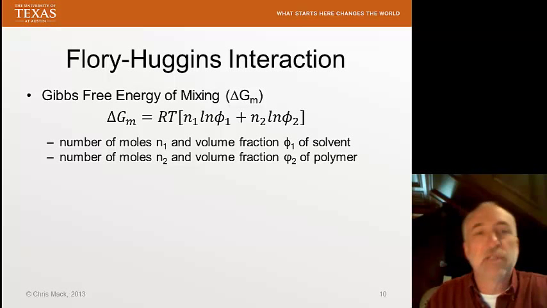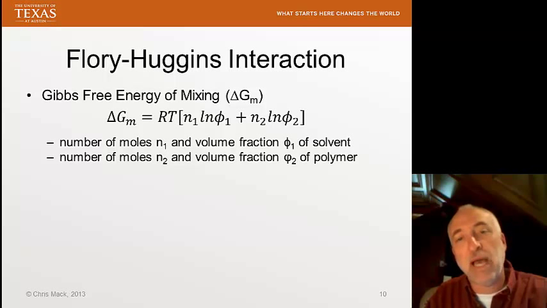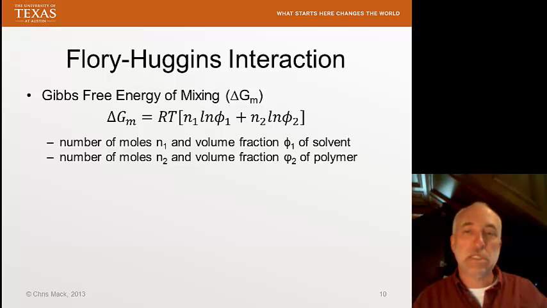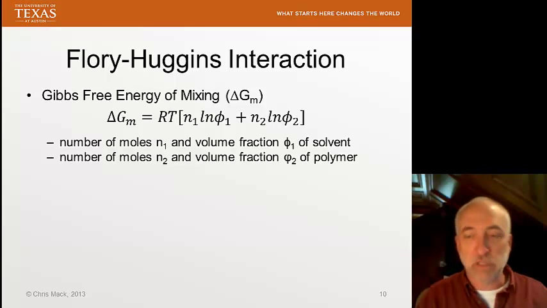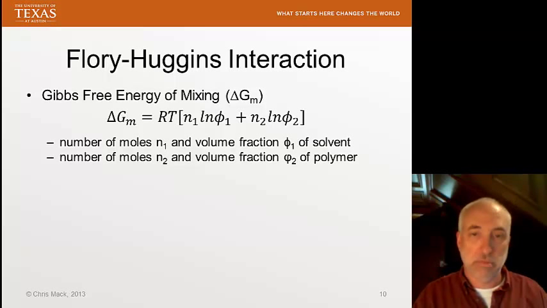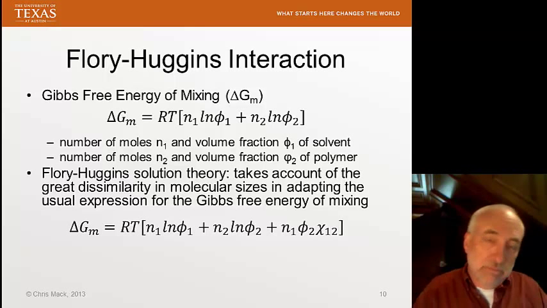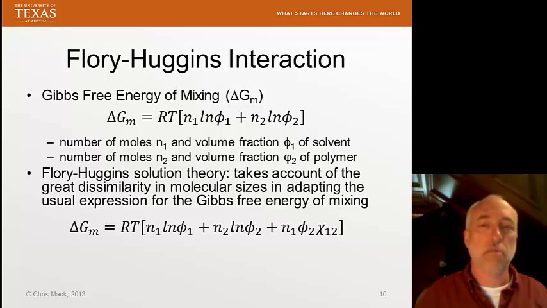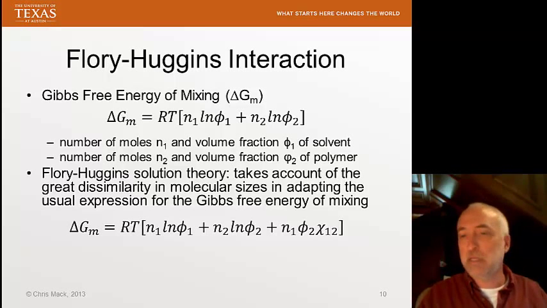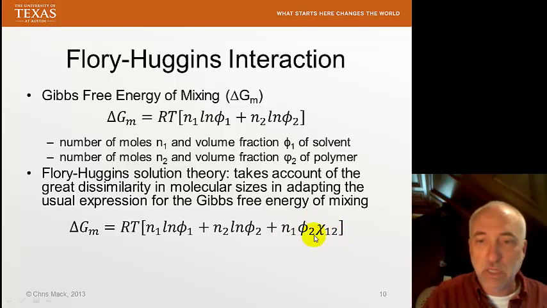But this standard free energy of mixing doesn't take into account the different properties of polymer versus solvent. In particular, it doesn't take into account the interaction of the solvent and the polymer. If the polymer, which often has a much, much bigger molecular size than the solvent, is taken into account, we have to add an extra term that has Chi12 included.